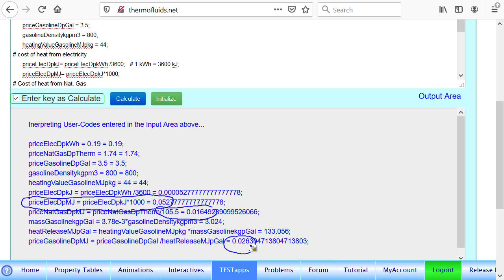Of course, you can see a million joule of heat is pretty cheap, but as you compare them, you recognize that natural gas is probably the best way to generate heat among these three methods. Gasoline comes next, and electricity is the most expensive way.